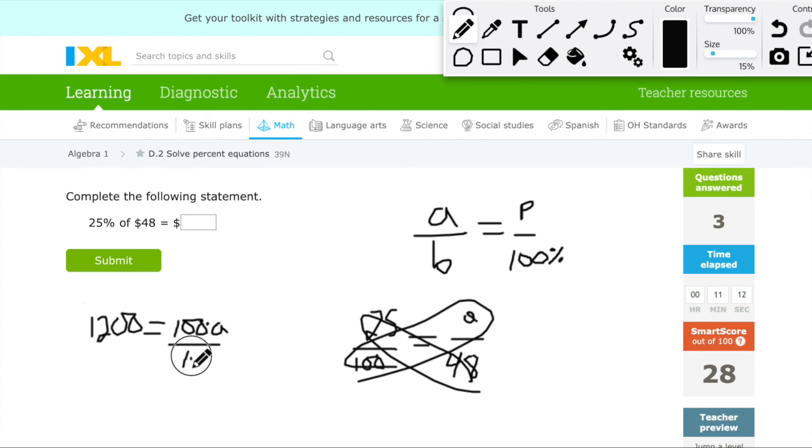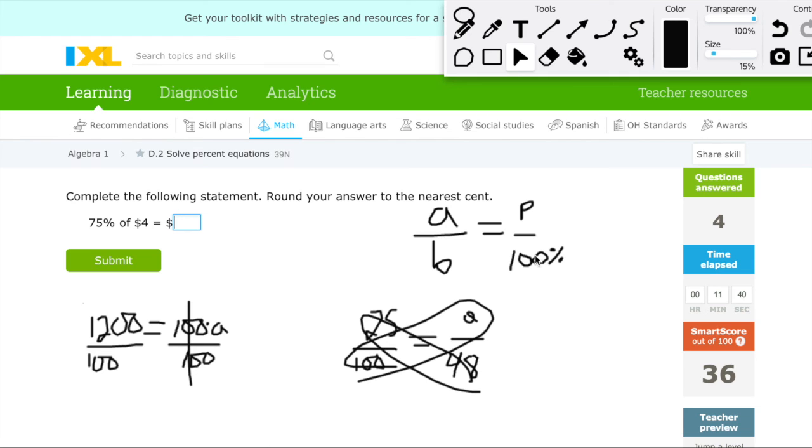The reason we're dividing by it is because currently these two things are attached with multiplication right there. We have to do the operation to both sides, though, to keep everything equal, since this is an equation. So in the end, I'll end up with A equals, and then I'll plug that in and get 12. So 12 is 25% of 48.